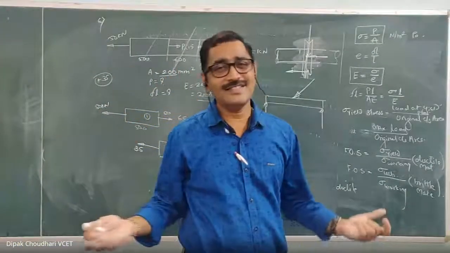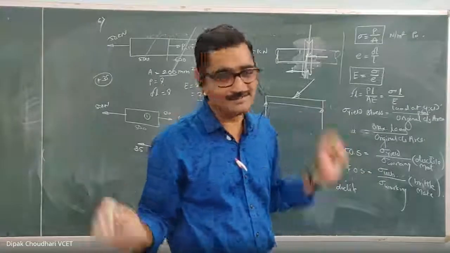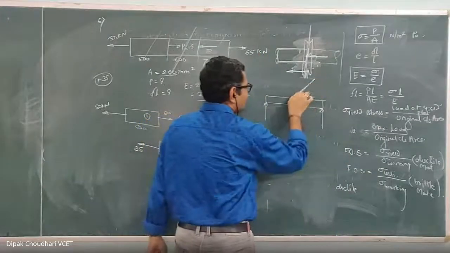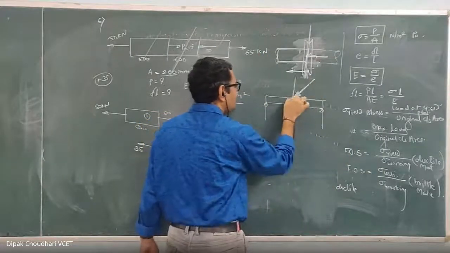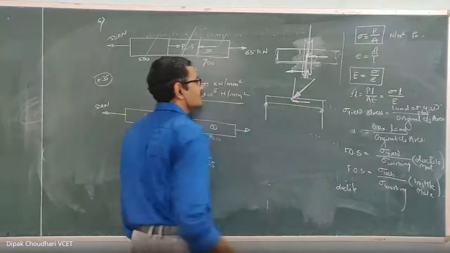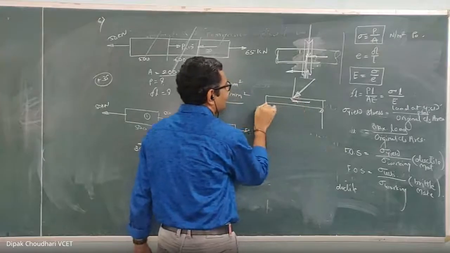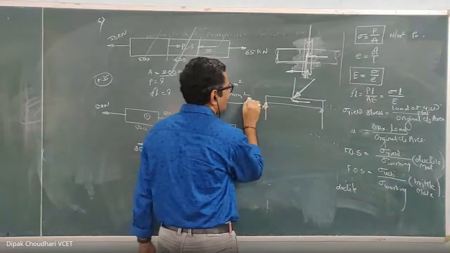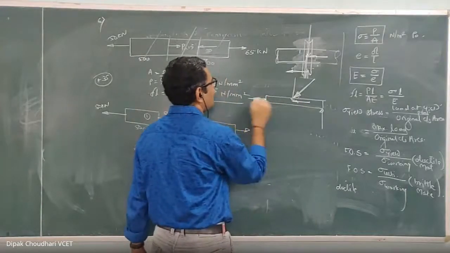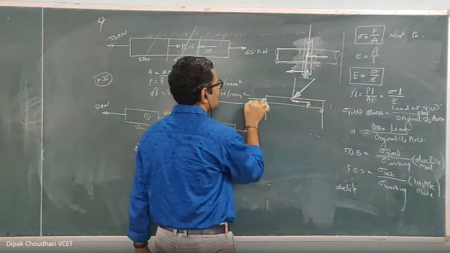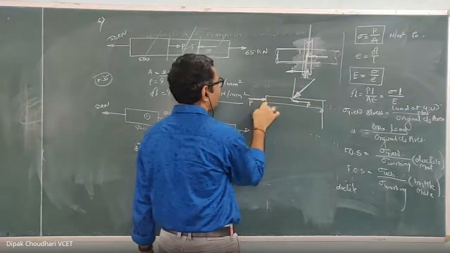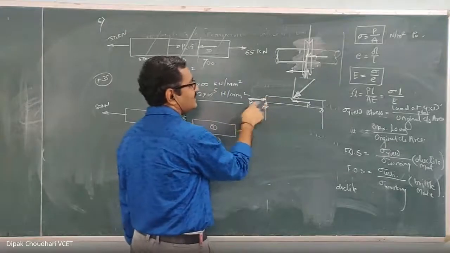There are various reasons to apply that inclined force. When we apply such an inclined force, we can resolve it into two components. To balance the horizontal component, there must be one hinge support, and the horizontal component of that hinge support is equal to this force P.